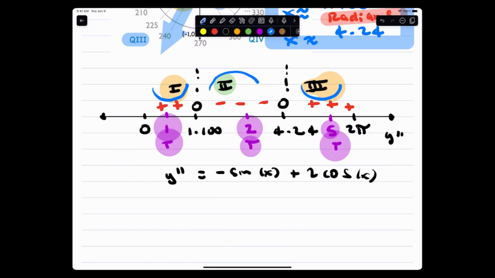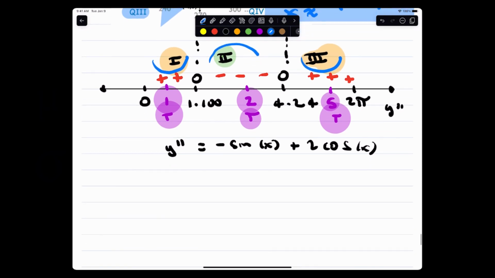Easy peasy lemon squeezy. So now this is kind of nice because now you can say the curve, it doesn't matter if you call it y or f, but f is concave up on what interval here? This is important, ladies and gentlemen. Concave up on what interval? This is why I go over this detail.